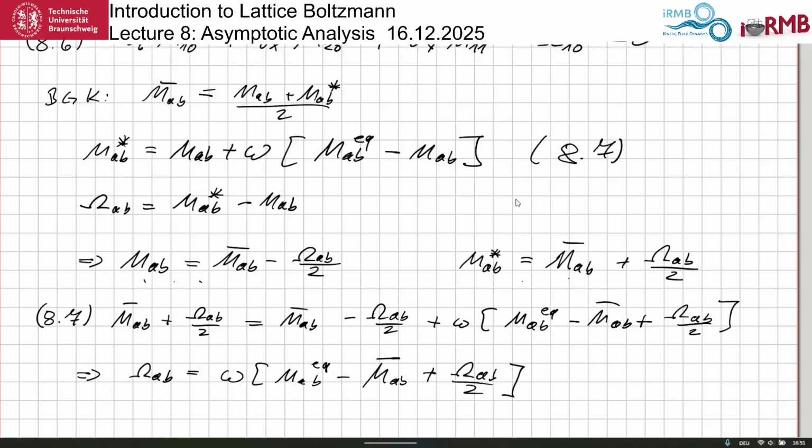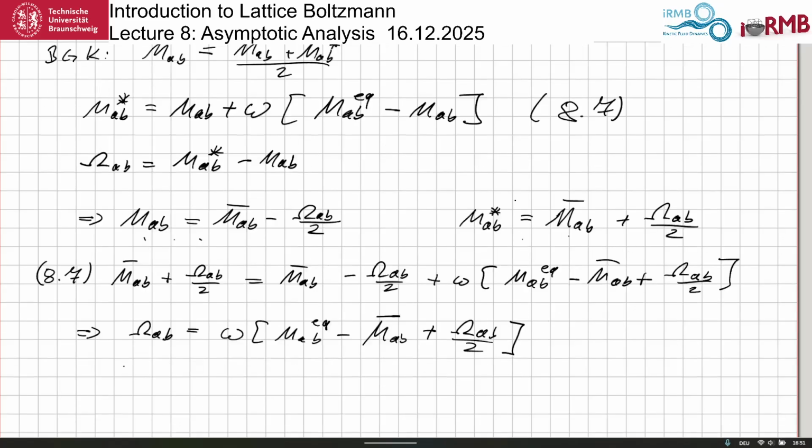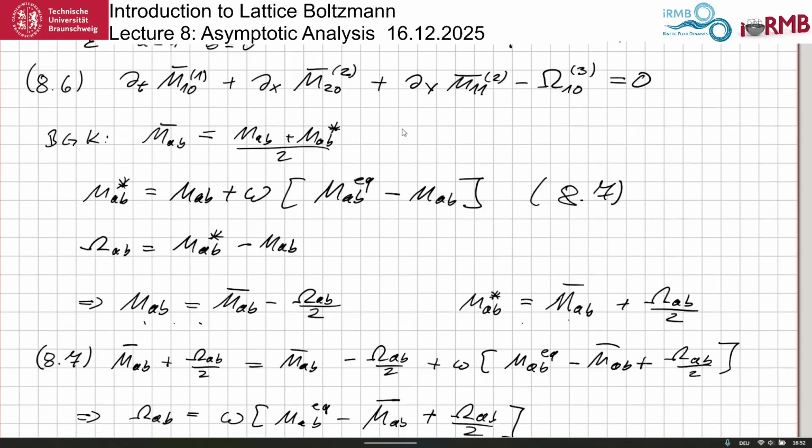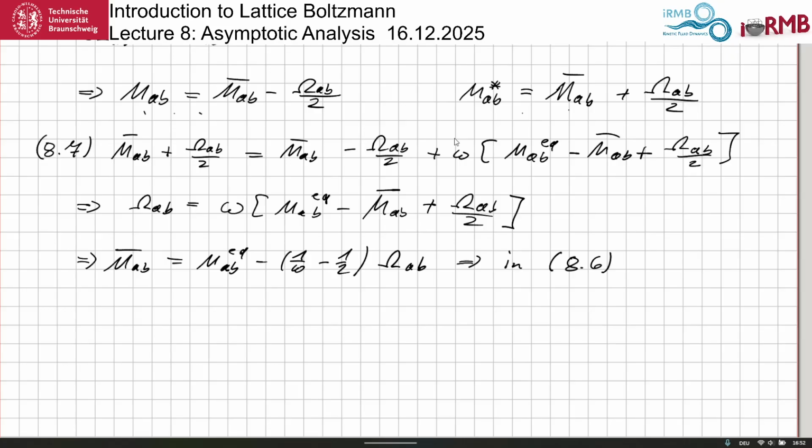Okay, we can solve this for MAB over bar as being MAB equilibrium minus 1 over omega minus 1/2 omega AB. And this is something that we go back into our equation 8.6. So equation 8.6 was this expansion to third order of the momentum equation. Are you following me?